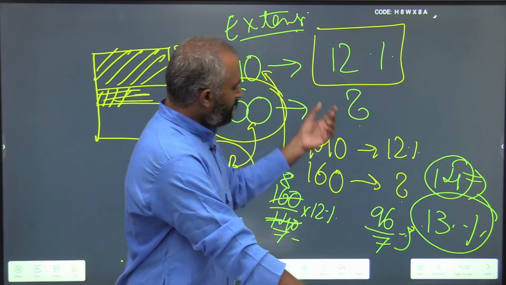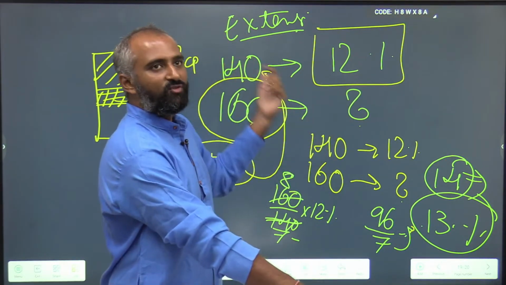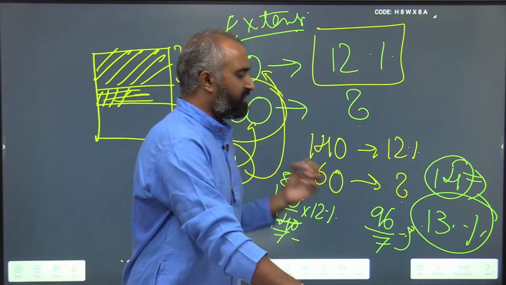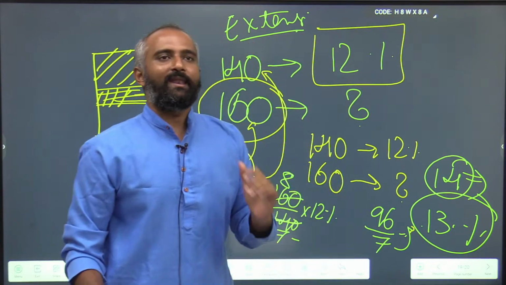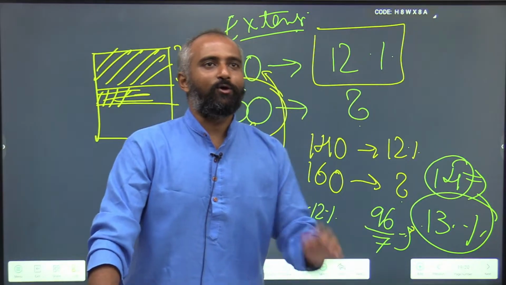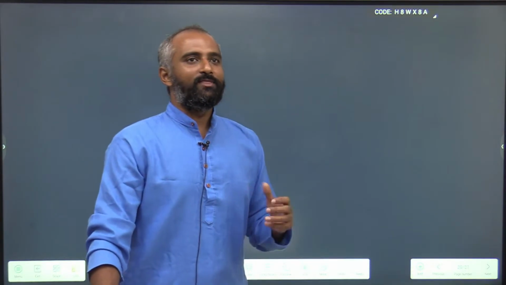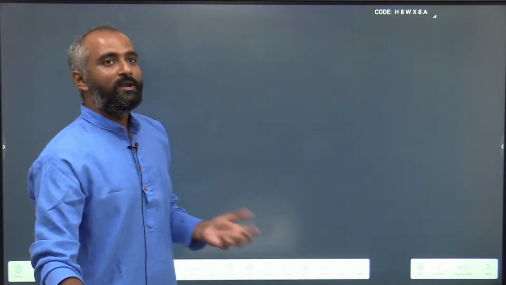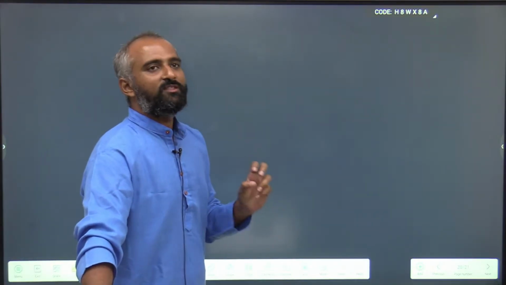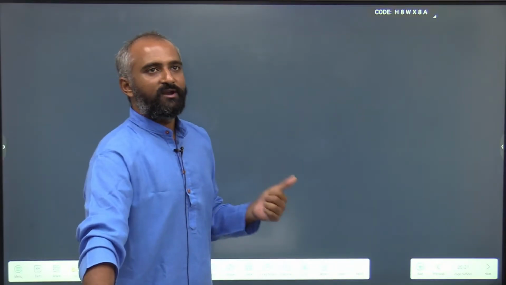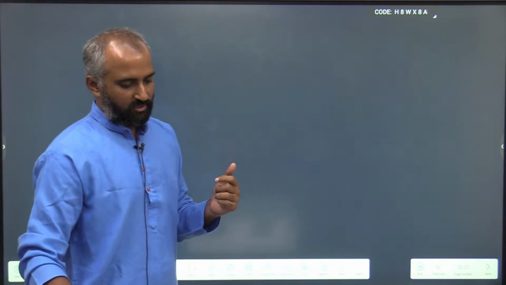You see how easy this is, rather than if you approach in the formulaic way. Always see profit and loss as an extension of percentage only. I hope you are able to understand why, even though it might sound repetitive, I am focusing on the fact that always solve profit and loss as an extension of percentage only.